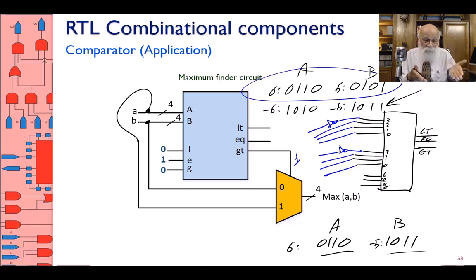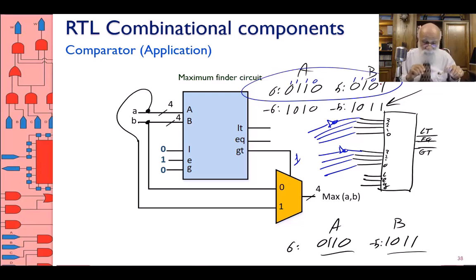You're complementing, and instead of A 0110, you are giving to the comparator 1110, and for B, you are giving it 1101. 1110 is still larger than B. The comparator is going to say, yes, A is larger. It doesn't know that it has been fooled. So for as long as the sign bits are the same, this comparator works.